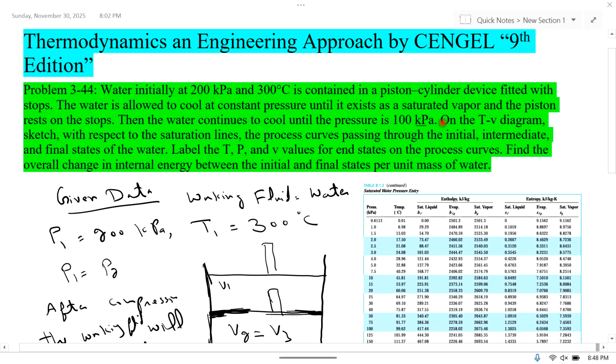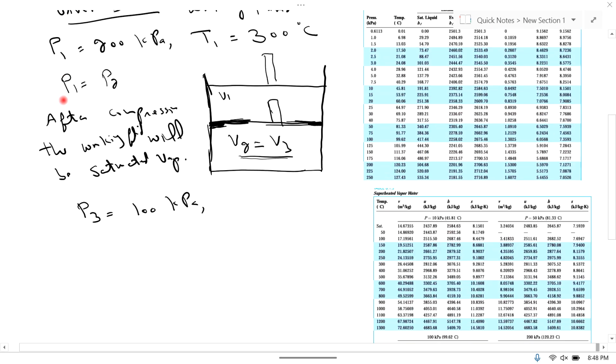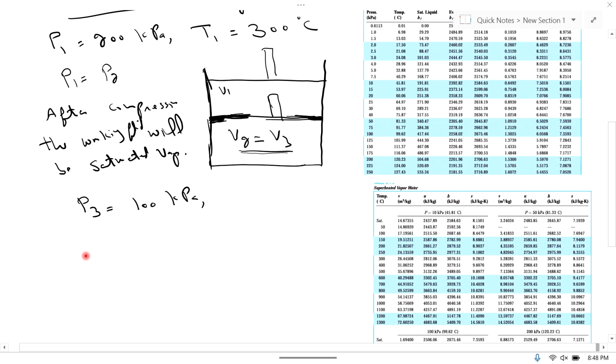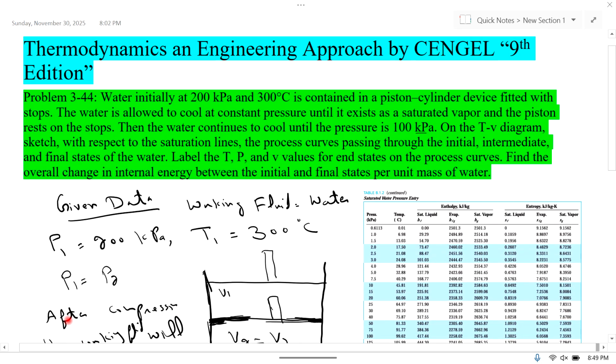On the T-v diagram, sketch with respect to the saturation line. It means that we draw the process on the T-v diagram. Sketch the process curve passing through the initial, intermediate and final states.